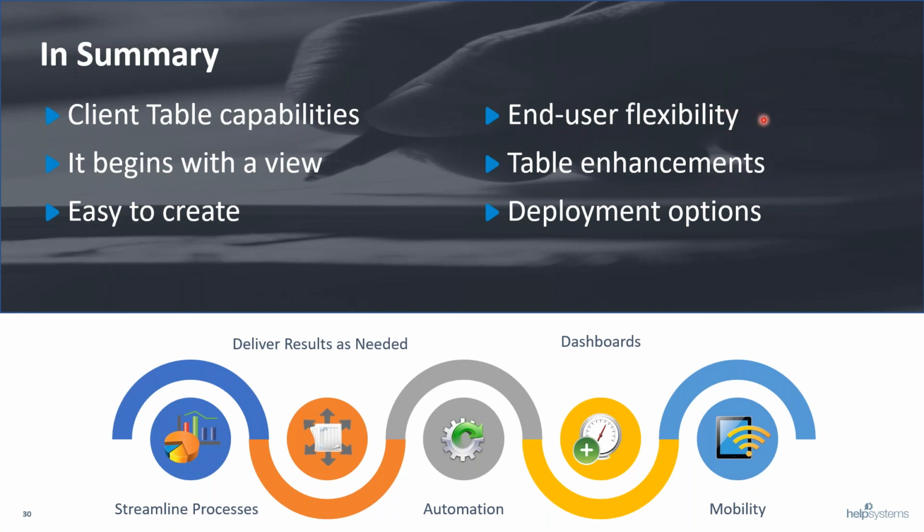The demonstration focused on end user flexibility, and that's what you're giving your end users when you give them client tables. We talked a little bit about some of the less commonly used but nifty enhancements to a basic client table. And we talked about deployment options, browser, Windows, and distributed.